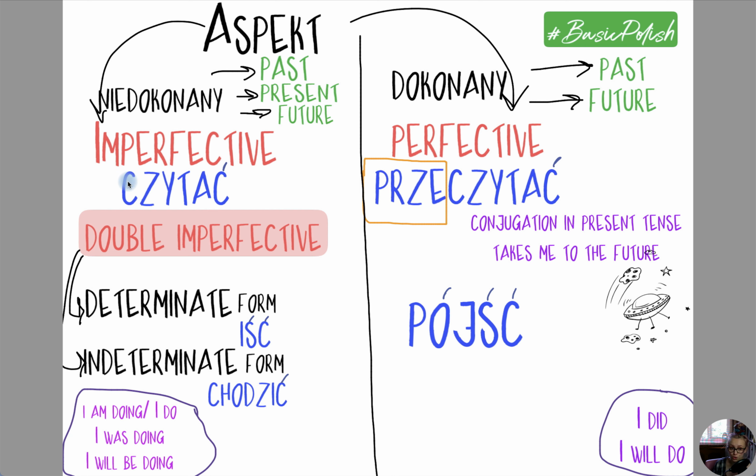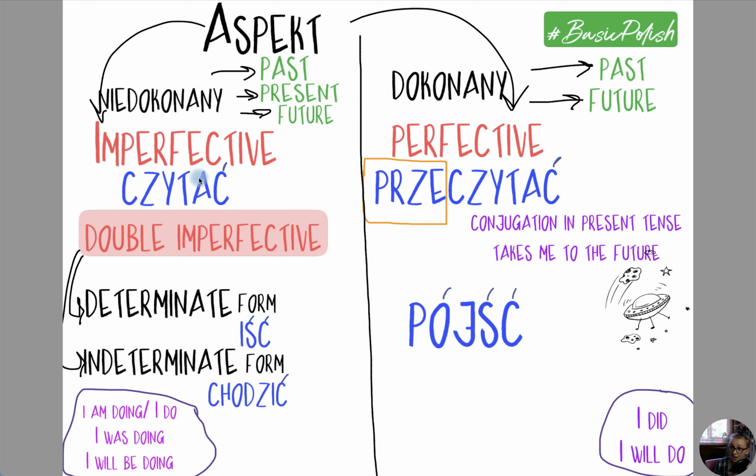So when I conjugate the verb that is imperfective, czytać, you need to know, you need to learn, and you will be starting to do that today. When you conjugate the verb that is imperfective in present tense, like we did so far, right? Czytam, czytasz, czyta.